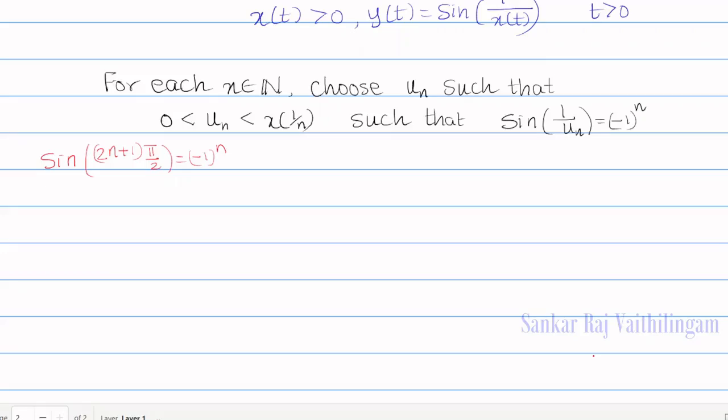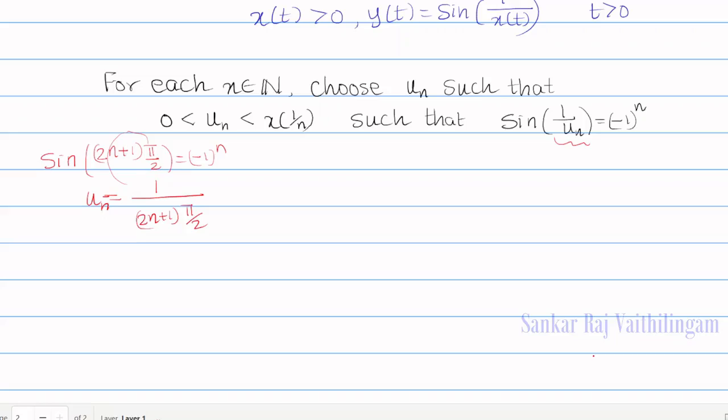So 1 by u n must be this, which means u n must be equal to 1 divided by this, that is, 2n plus 1 pi by 2.